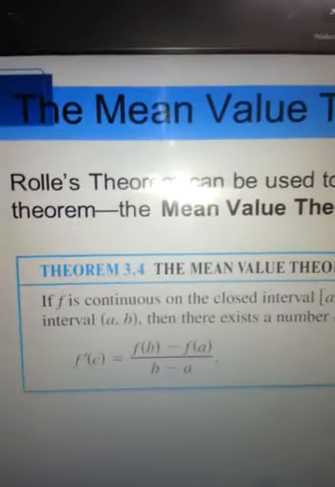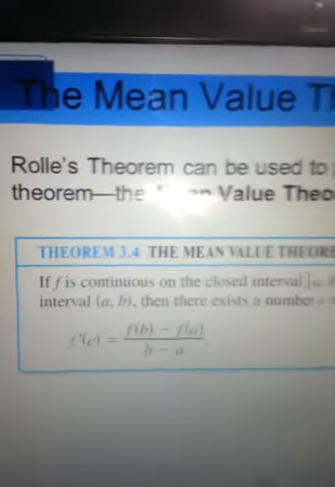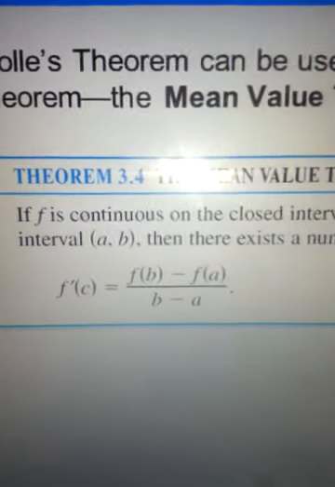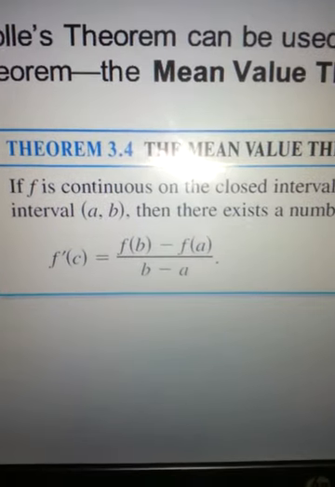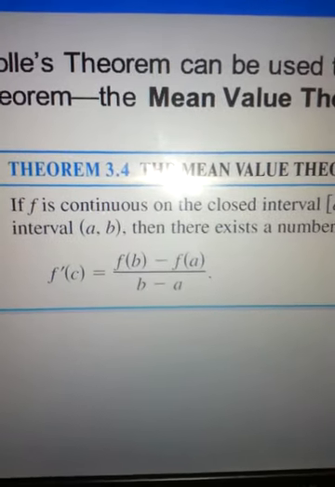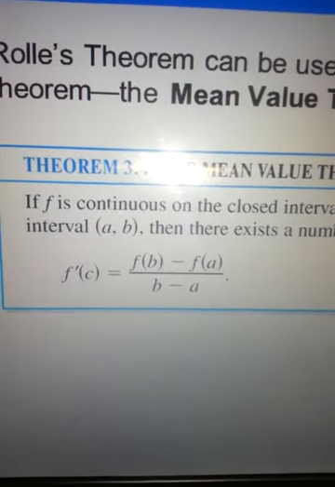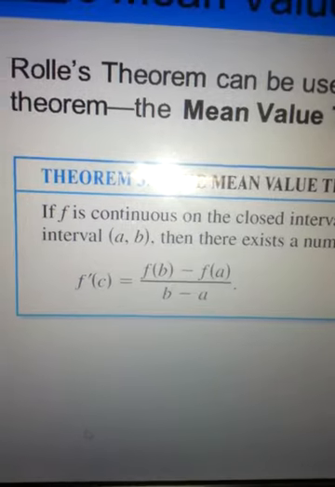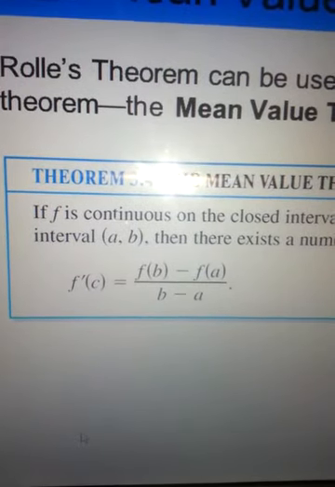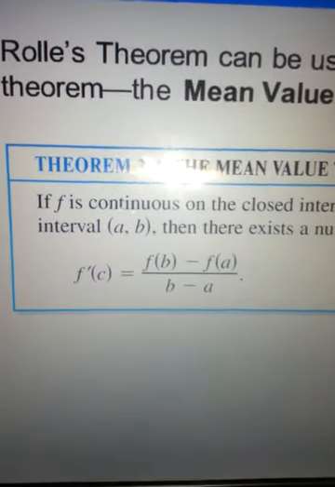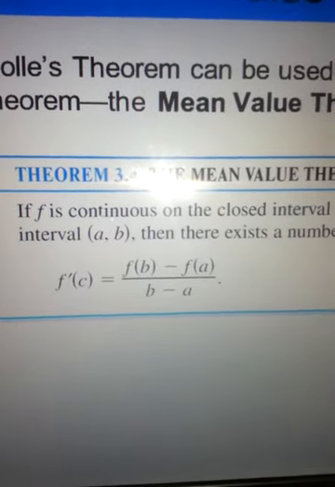Here, the mean value theorem states that if we have a function that is continuous and differentiable from A to B, then f prime of C, where C is a specific value of x between A and B, equals, take a look at the right side.